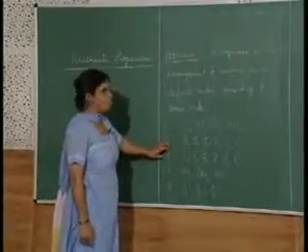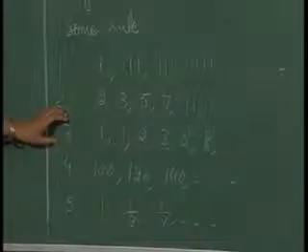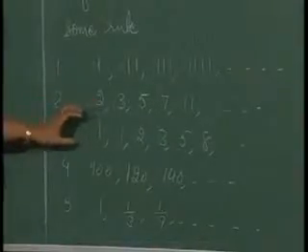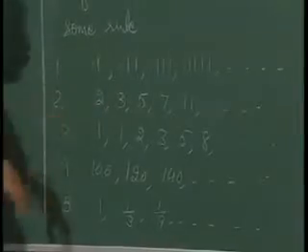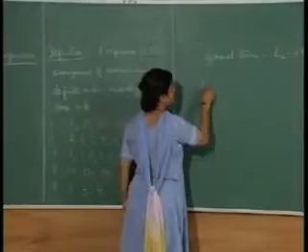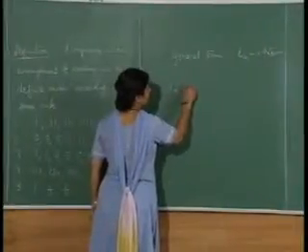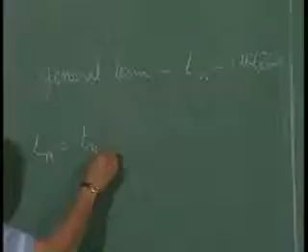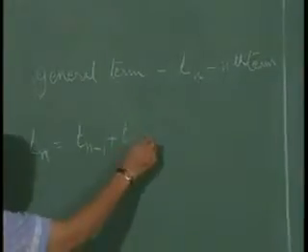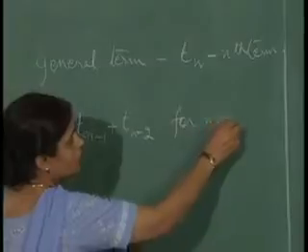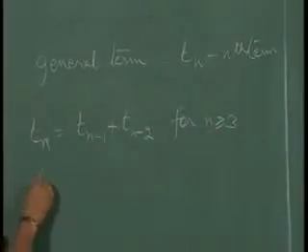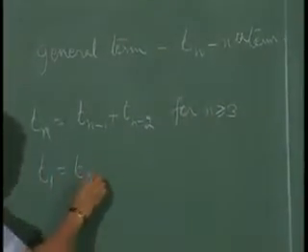For the third one, again we don't have a formula which can give the nth term explicitly, but we can write down the nth term as the sum of the previous two terms for n bigger than or equal to 3, but for that we need to define the first two terms explicitly.